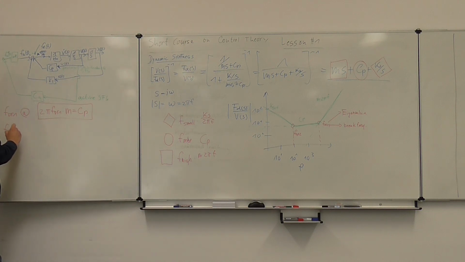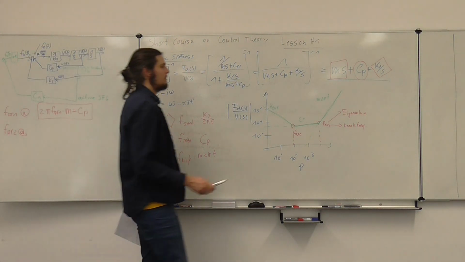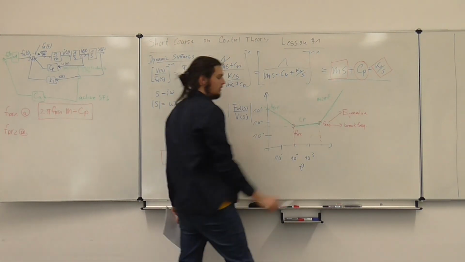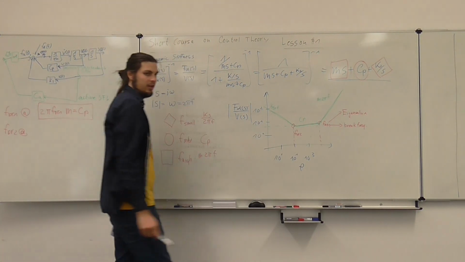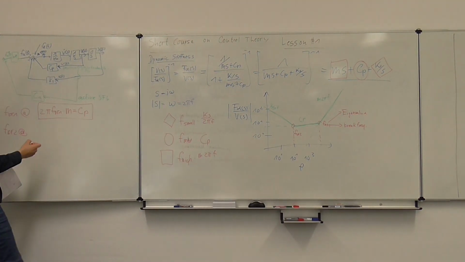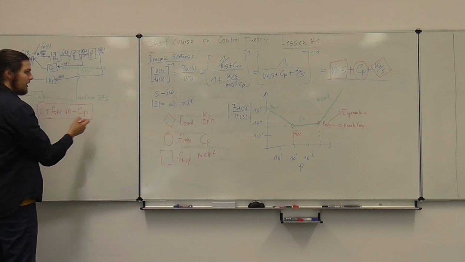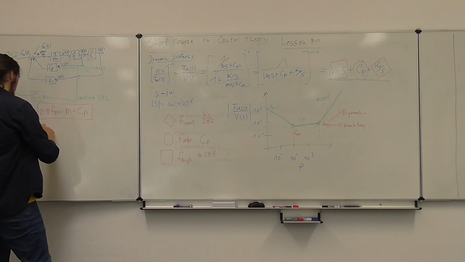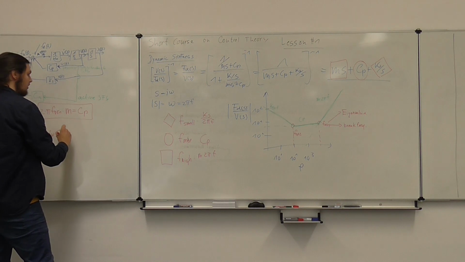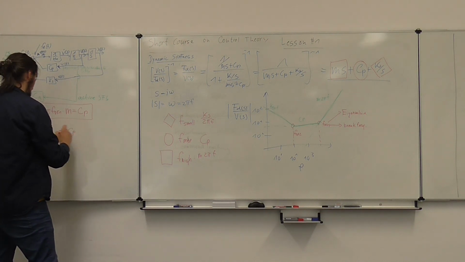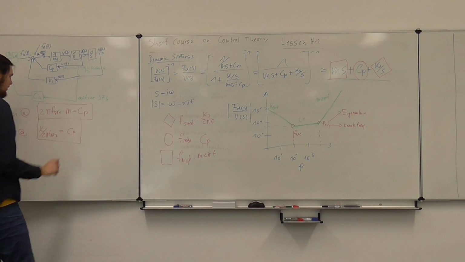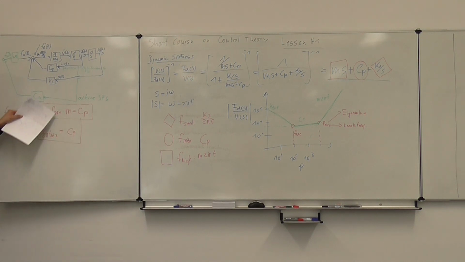And for the second break frequency, same idea, right? This is when these two are equal. When these lines meet one another. So that's where the second break frequency happens. And so that is when k over 2 pi f break 2 equals Cp. Okay? So this way you can either calculate the break frequency, or you can calculate the parameters, whatever you want.